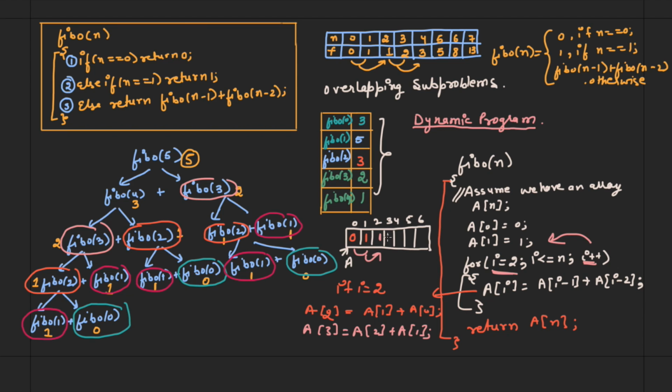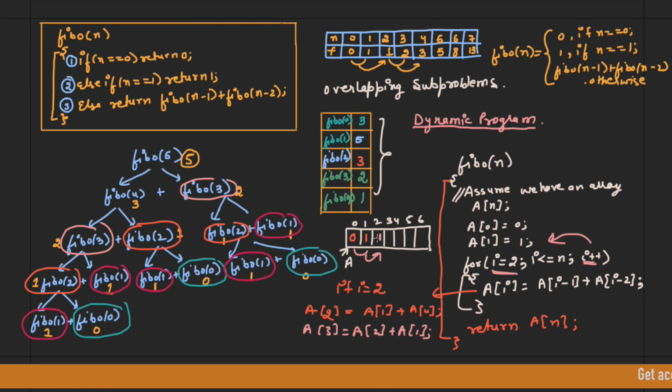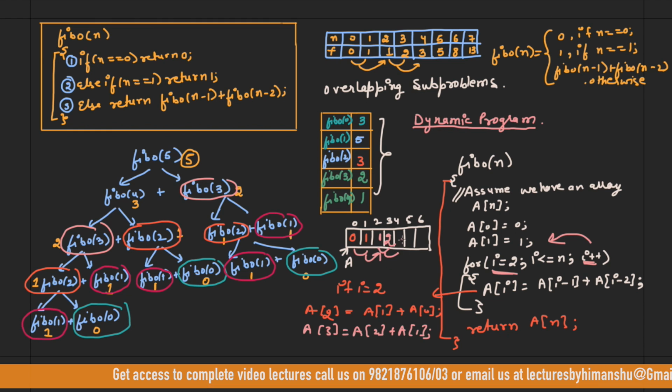The value stored at index location 2 is 1 and at index location 1 is 1, so 1 plus 1 is 2. In the same way, A of 4 is A of 2 plus A of 3, which is 1 plus 2, which is 3. Now it is 5, it is 8, and so on. So you can find the Fibonacci of a number in such a manner.